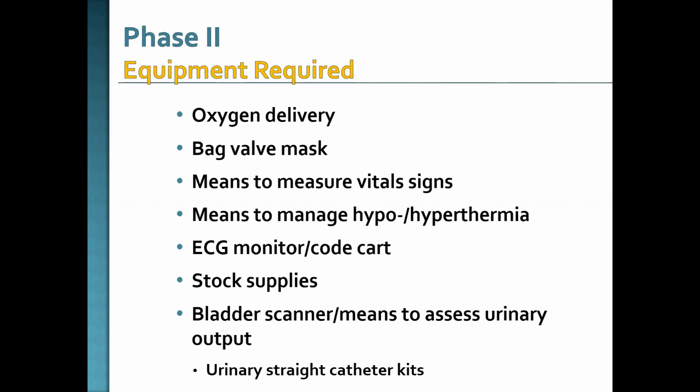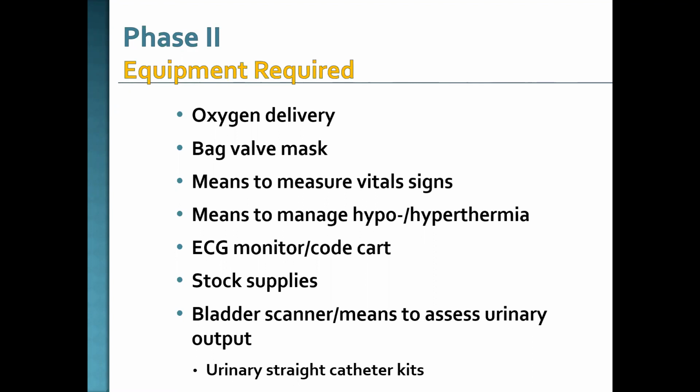So this is the equipment typically required for post-surgical patients in a clinical unit. Some equipment, such as means to measure vital signs, are the same as you would have in phase 1. However, equipment required for intense monitoring would not be included in this phase.